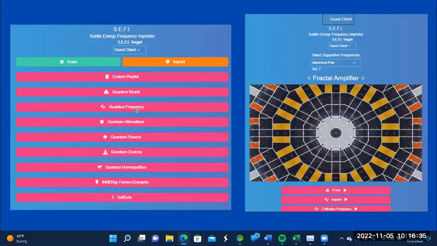There's quantum affirmations. There's quantum flowers, which is the Bach flowers. You have your quantum chakras, which is the top 7 chakras. We know that there are many more. Quantum homeopathics, and that list has just been expounded on, and it is insane how many homeopathics are in there.